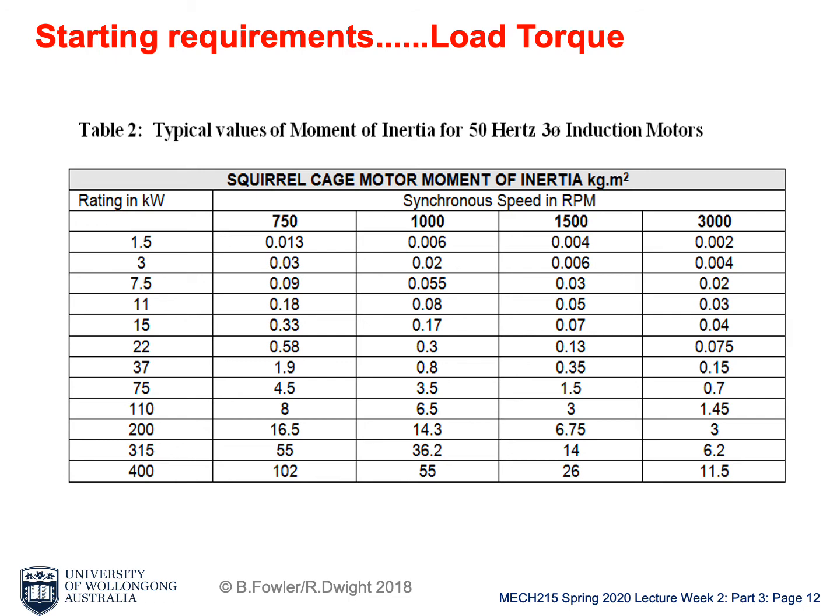You can see that as the power rating increases, the moment of inertia increases. That's obvious because the motor is getting bigger. And with the RPM, even for the same power, the motor inertia will decrease with speed. That's also understandable because higher speed at the same power means lower torque, which is a smaller motor.